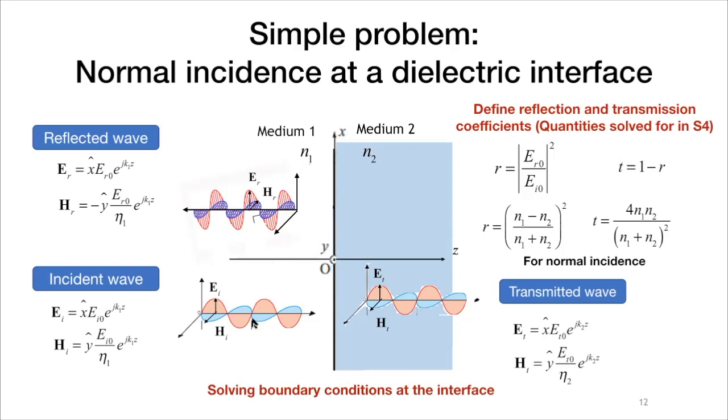So the angle between the propagation direction and this line equals 0. It means that the incident angle is 0, and we are at normal incidence. So these are well-known relations for the reflection and transmission coefficients only for normal incidence for lossless media between two different media.